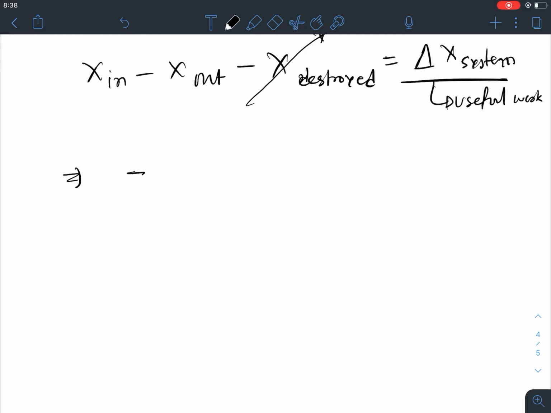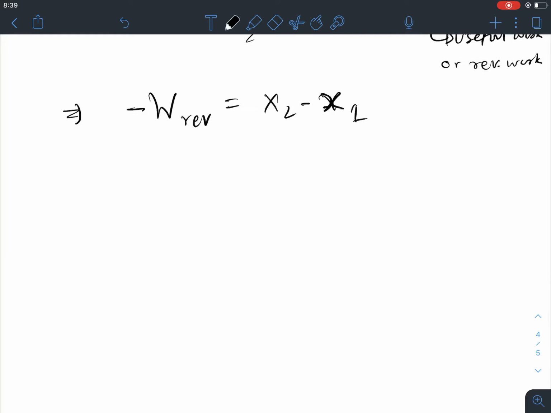So that means the exergy change of that system, basically the useful work, or the reversible work, I can write W reversible equals x1 minus x2.